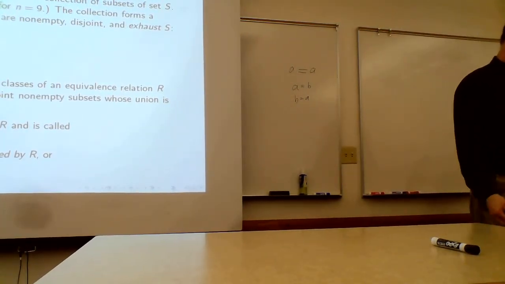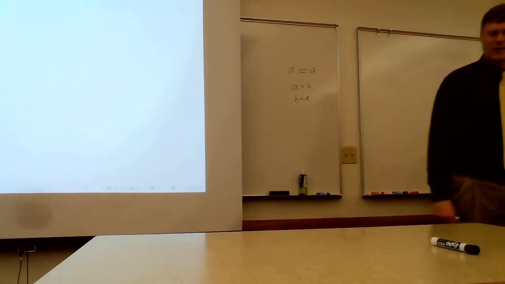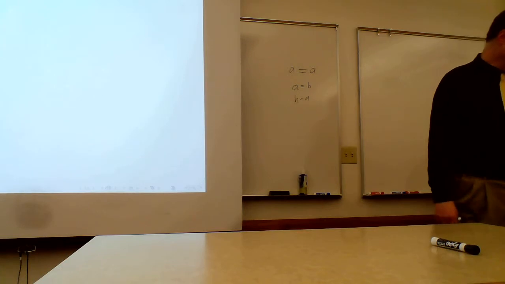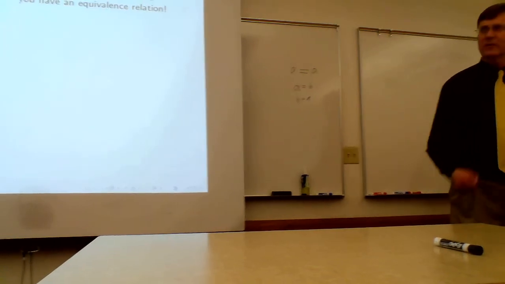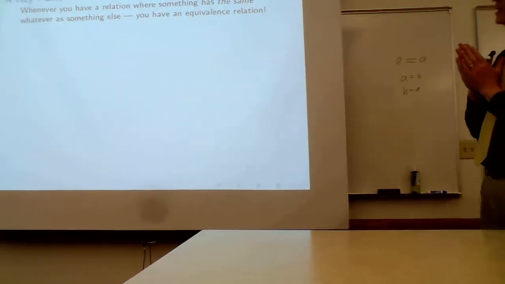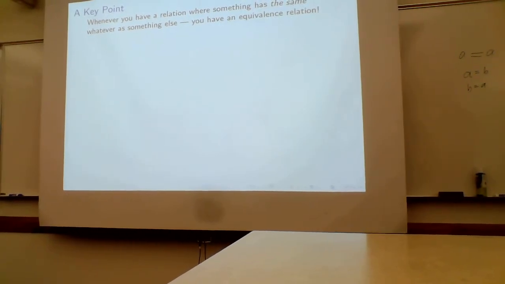But probably not very interesting to focus on equality. But here's the key point, what I want you to take away. Whenever you have a relation where something has the same whatever as something else, you have an equivalence relation.